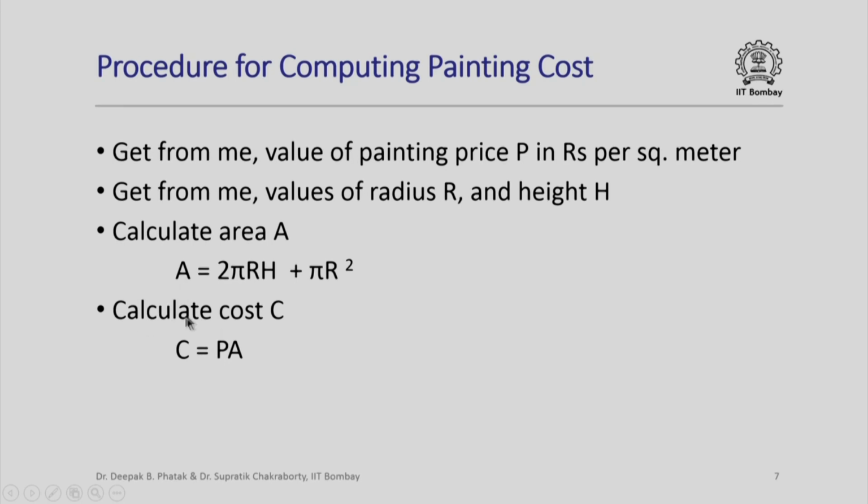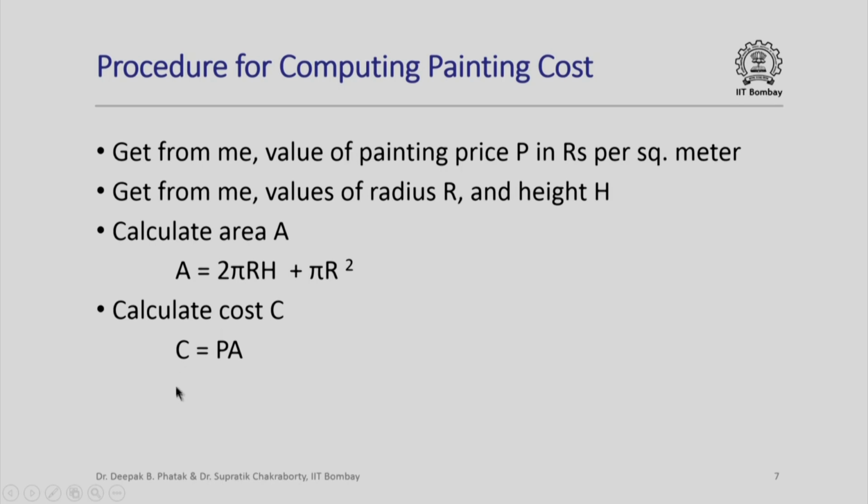Next instruction says calculate cost C. The person who is executing this procedure will correctly calculate the cost C, which is given by P into A. So, what is the problem? The problem is that when the entire procedure is executed, the person who is executing the procedure will have the cost C, but we will not have the cost. Why?